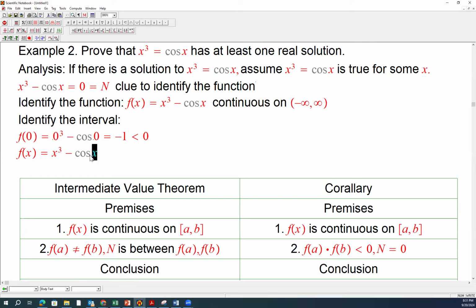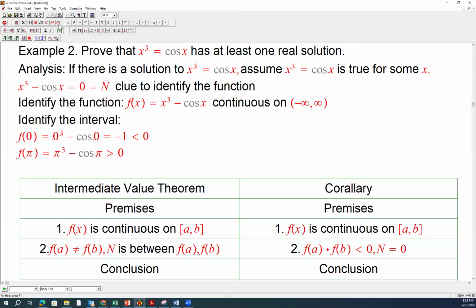How about I choose pi? Cosine pi is -1, and pi to the power 3 is positive. So this is going to be greater than 0. So 0 to pi would be an interval, right?